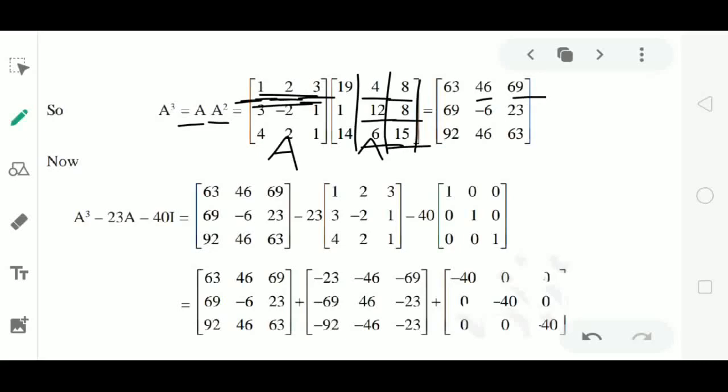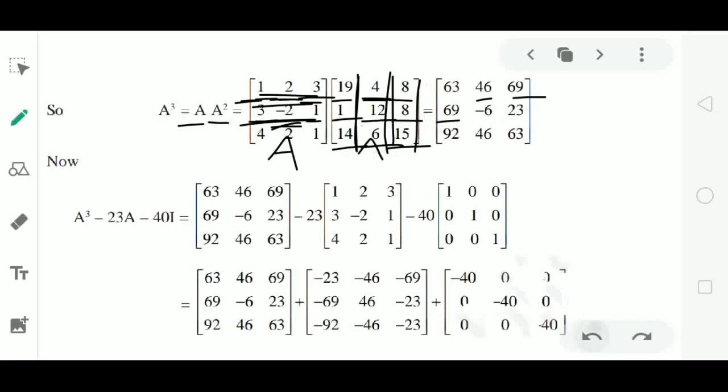Next, second row, first column, 3 into 19 plus minus 2 into 1 plus 1 into 14 is 69. Second row, second column, 3 into 4 minus 2 into 12 plus 1 into 6 is minus 6. Second row, third column, 3 into 8 plus minus 2 into 8 plus 1 into 15 is 23.